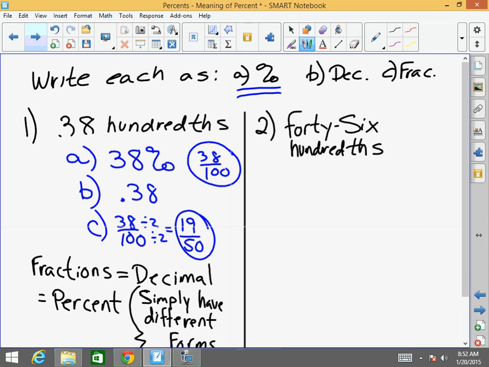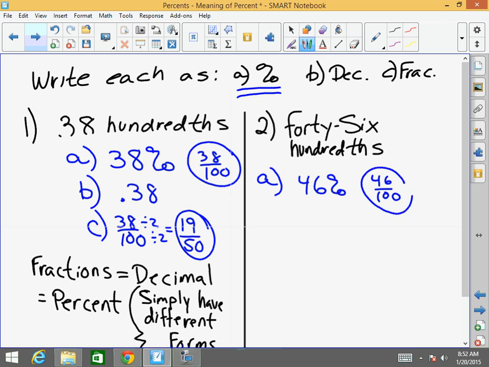46 hundredths. How do I write that as a percent? It's 46 out of 100. 46%. Very good. 46 hundredths means that there's 46 units out of 100. That's 46%. Remember that 46% means it's 46 over 100.